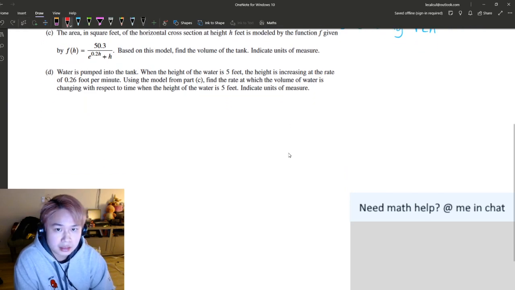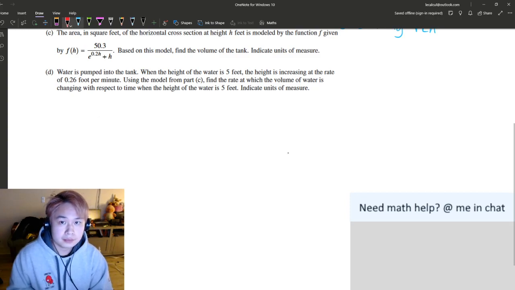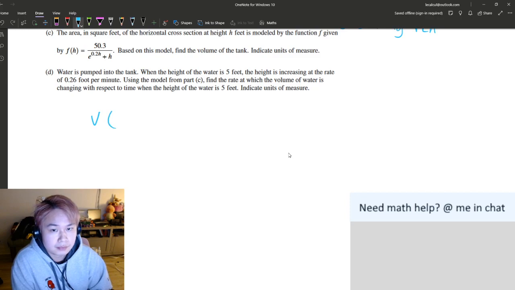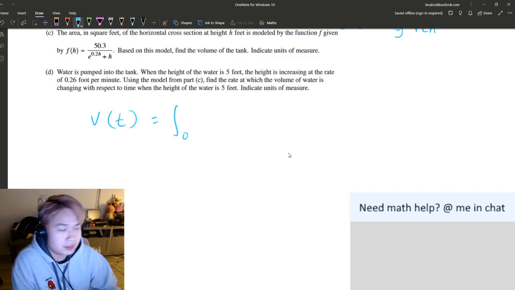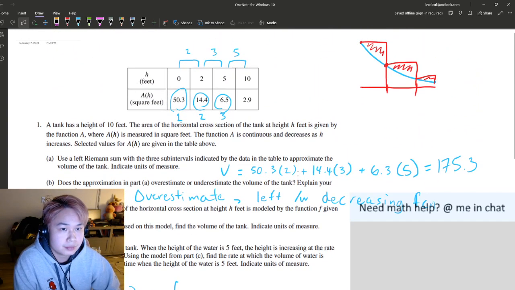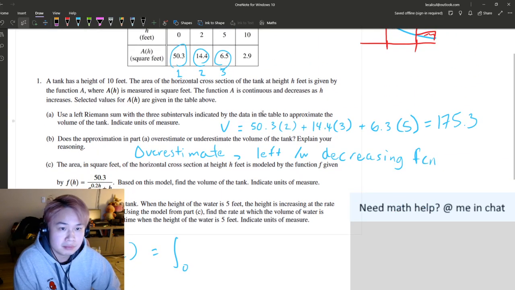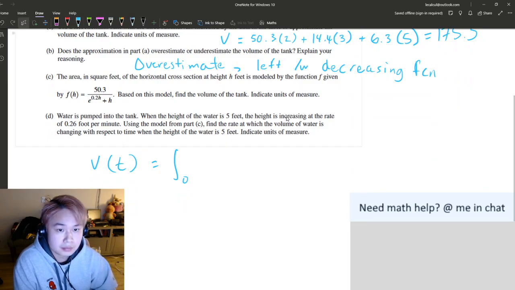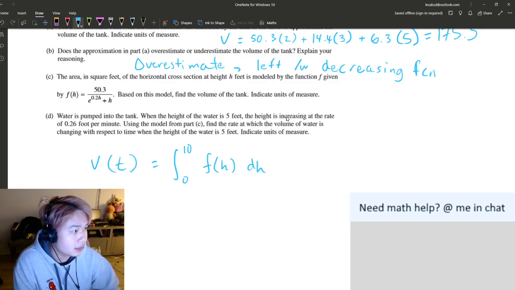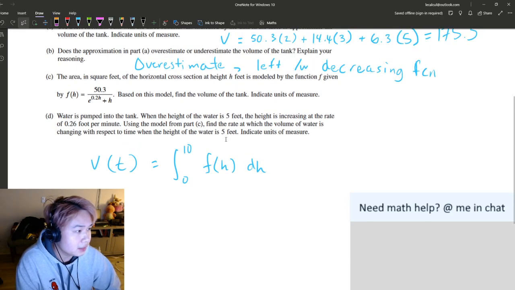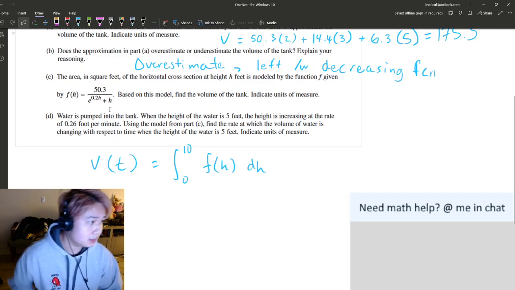Okay, now that we actually know the function, the volume of the tank is the integral from 0 to 10 of this function. And this is just calculator work, right?